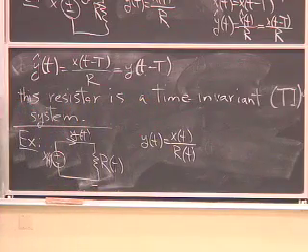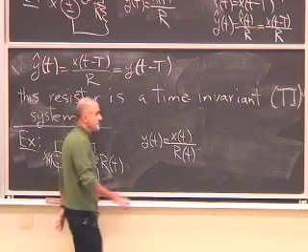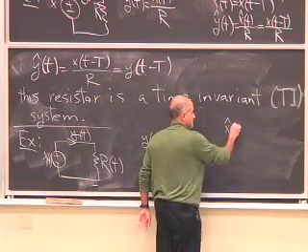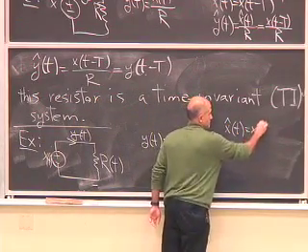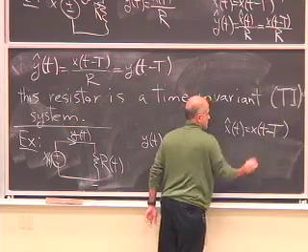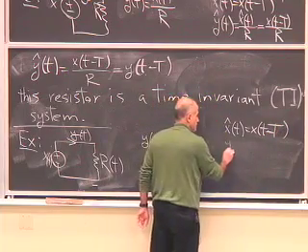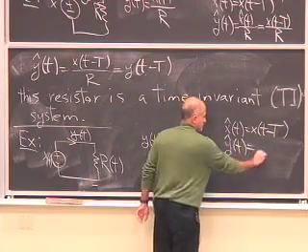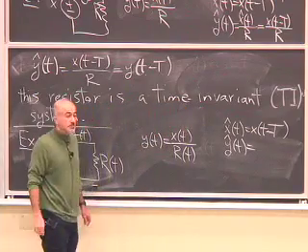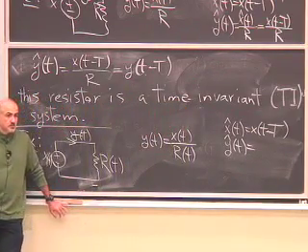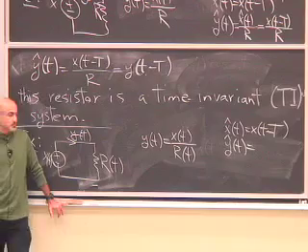Okay? Can you tell me if this system is time invariant? What happens if I shift the input signal? What's the corresponding output? You've got to be very careful about what you shift. I'm just shifting the input signal.